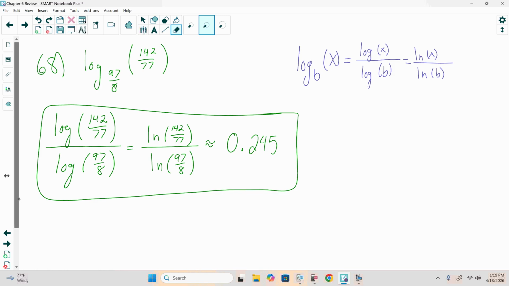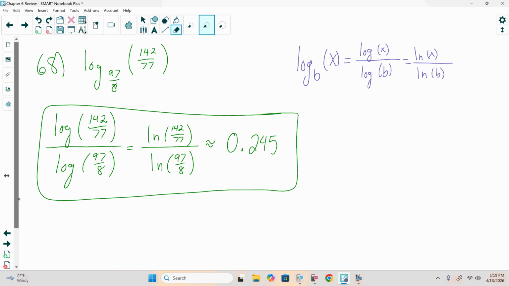Questions on 68? Do we have questions on 66 or 67? We feel good with 66, 67, 68, 65? We feel good with rewriting these in terms of common logs, natural logs, and evaluating those.